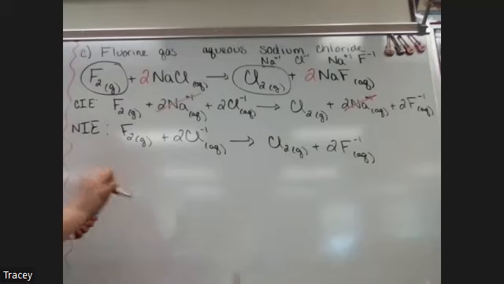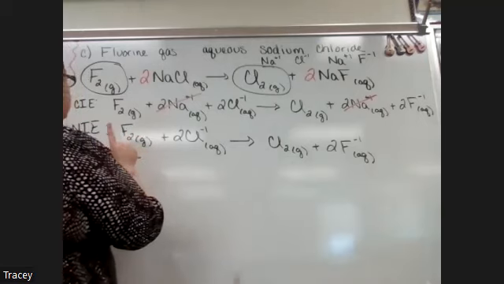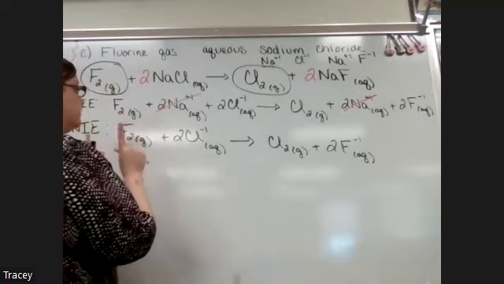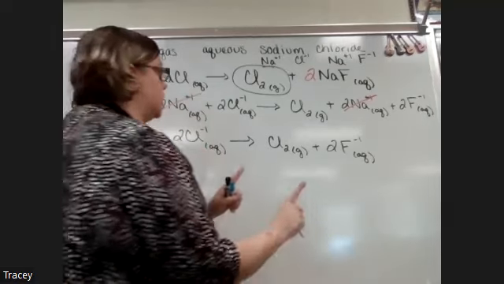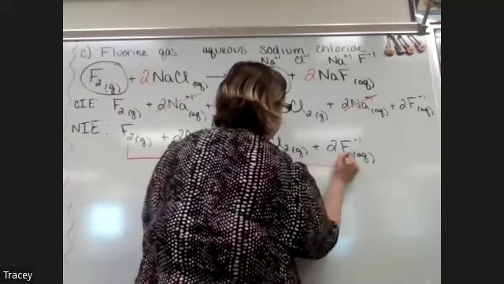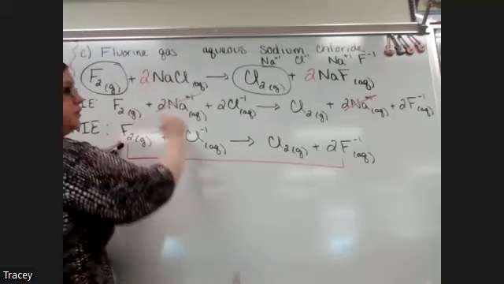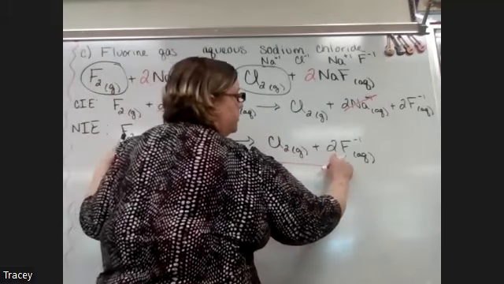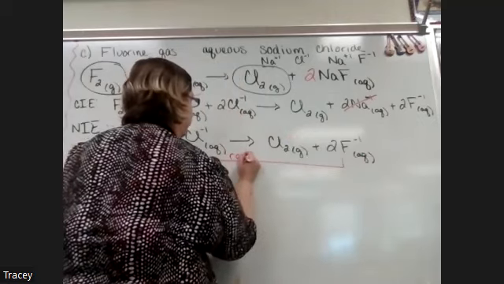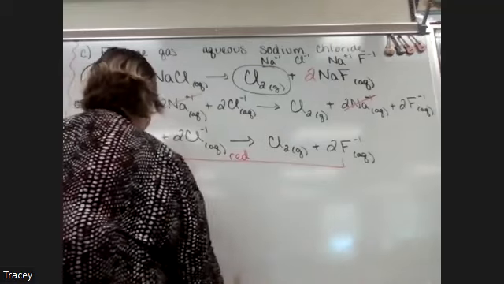So let's flesh that out up here. Reduced means goes down. And again, we go from neutral to -1 for non-metal reduction. So the F2 was neutral, 0 charge, and it went to 2F minus 1. So 0 to -1 was in fact reduced.